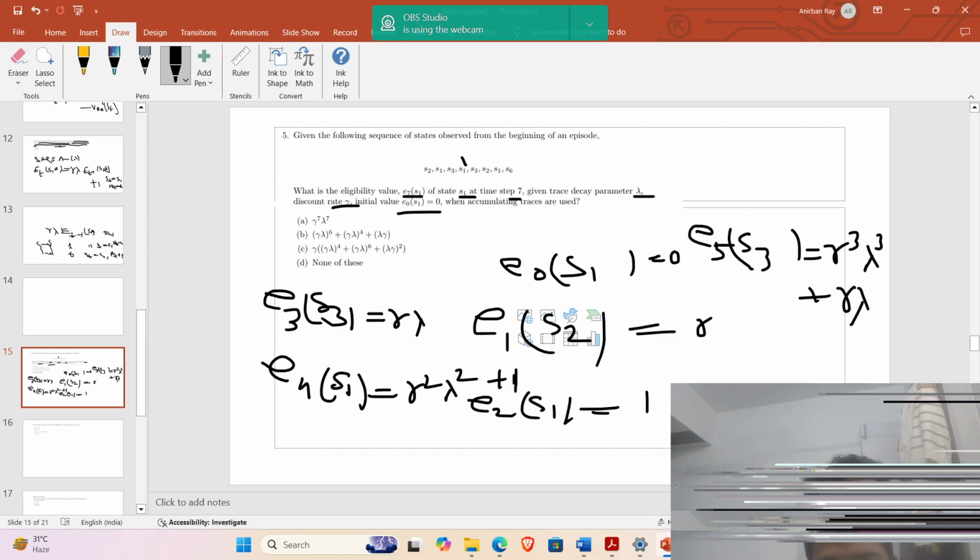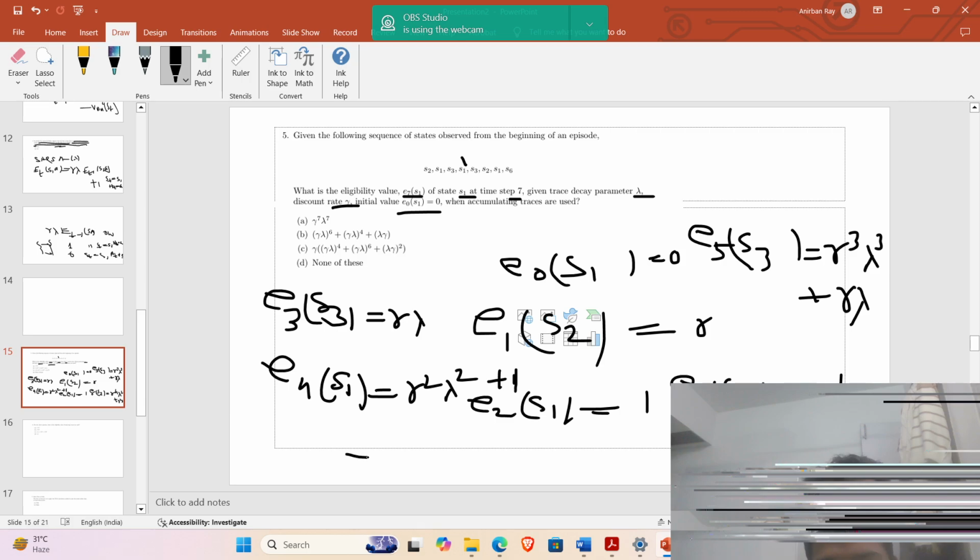Now E6(S2), not desirable, just decayed, gamma^4 lambda^4 plus gamma square lambda square.